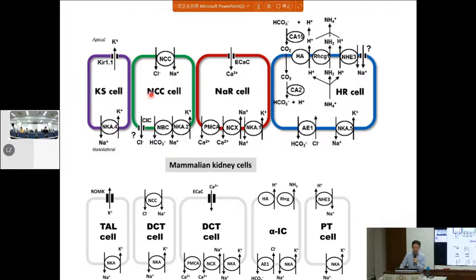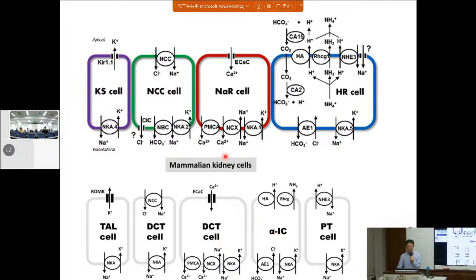So the sodium chloride cotransporter rich cell, they are responsible for sodium and chloride uptake. For the potassium sensitive cell, the function of this cell is to secrete the potassium. And interestingly, these 4 types of cell can be found in the mammalian kidney, called collecting duct cell, DCT cell, or intercalated cell.